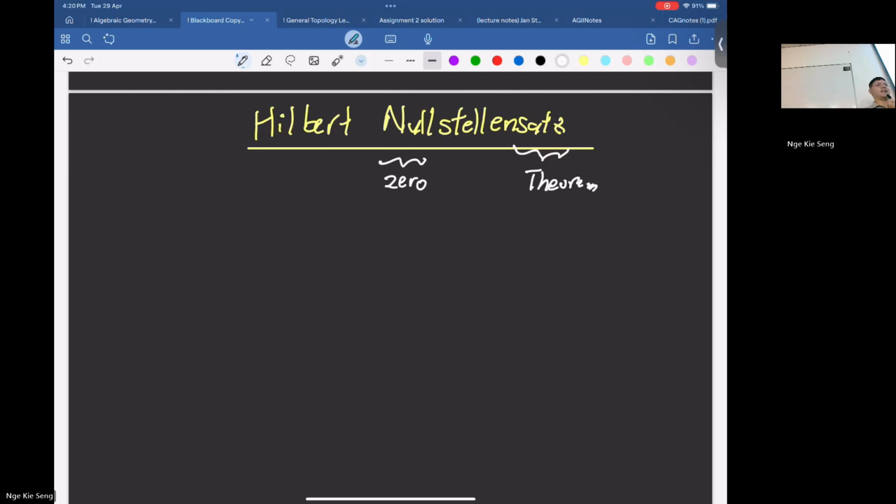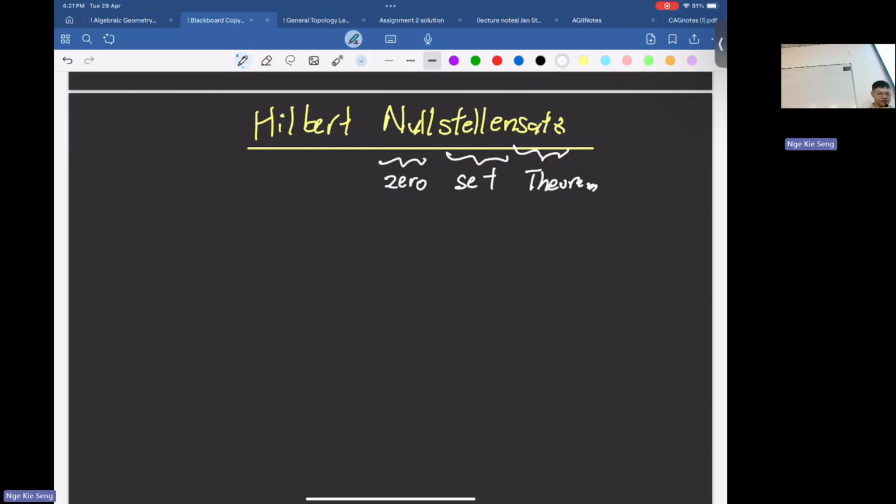Zero set theorem. So it's a theorem about zeros, basically.